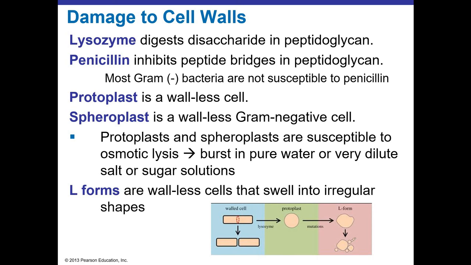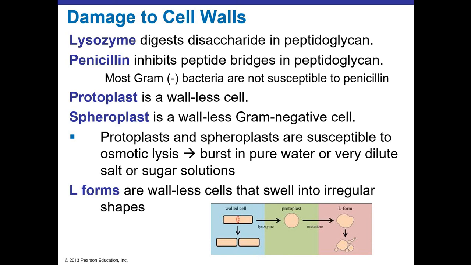Penicillin, as we talked about before, was this wonder drug because we thought, aha, it's going to affect only the peptidoglycan layer unique to bacteria because it inhibits the peptide bridges, but it's not universally effective. Most gram-negative bacteria are not as susceptible because of their outer membrane.